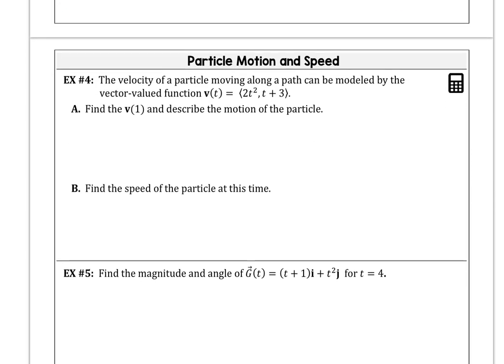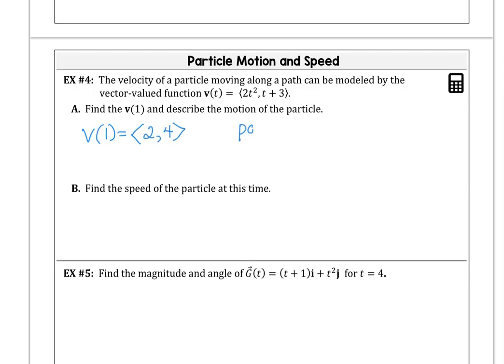The velocity of a particle moving along a path can be modeled by the vector valued function v of t. Find the v of 1. Well, the v of 1 is found by substituting 1 in place of t, so that would be 2, 4. What does that tell us?